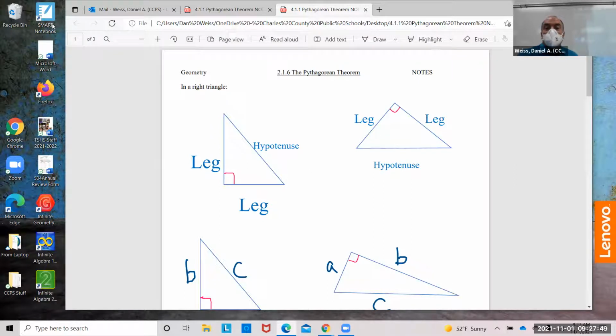So we're going to talk about the Pythagorean Theorem today. Could we have all phones face down, please? Phones face down. Do you know why I asked phones to be face down? I talked about this last time. You don't remember?